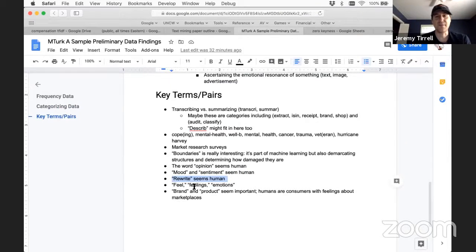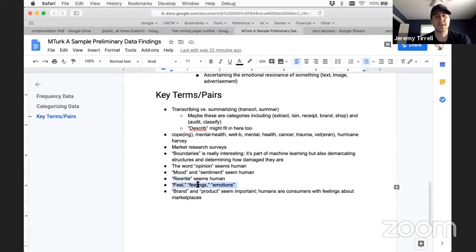That's a kind of shadow term: rewriting is a human-y term. You didn't see a lot of jobs asking machines to rewrite. That's something humans do. I saw this a lot in context with rewrite these how-to questions. I was like, wow, that's an interesting cognitive task.